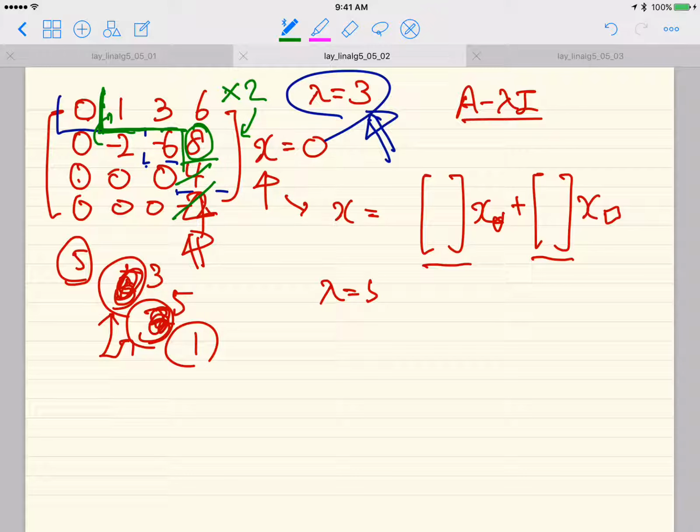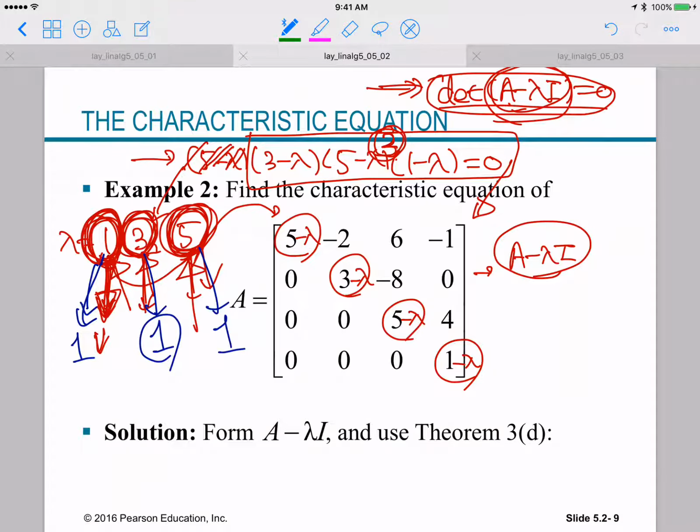So in this case we will have 2 free variables. That's definitely possible for some matrix, and so you now have a 2-dimensional eigenspace. So in this manner we can think about the number of eigenvectors for a particular eigenvalue, and that number of eigenvectors corresponds to the dimension of the eigenspace.